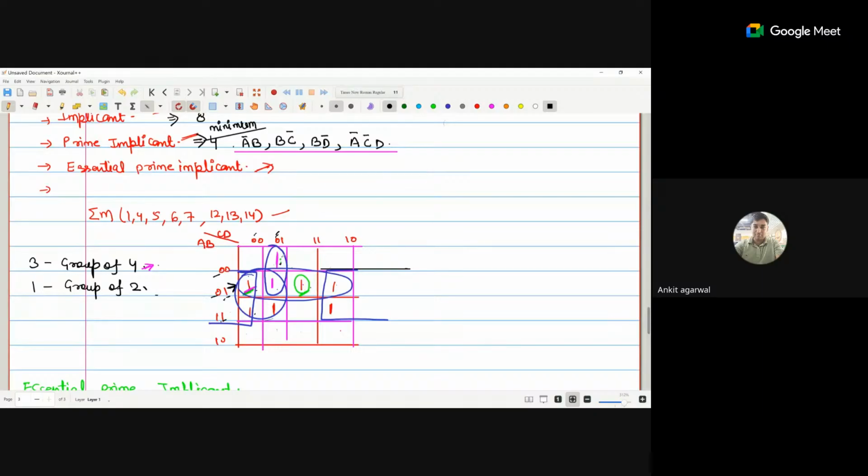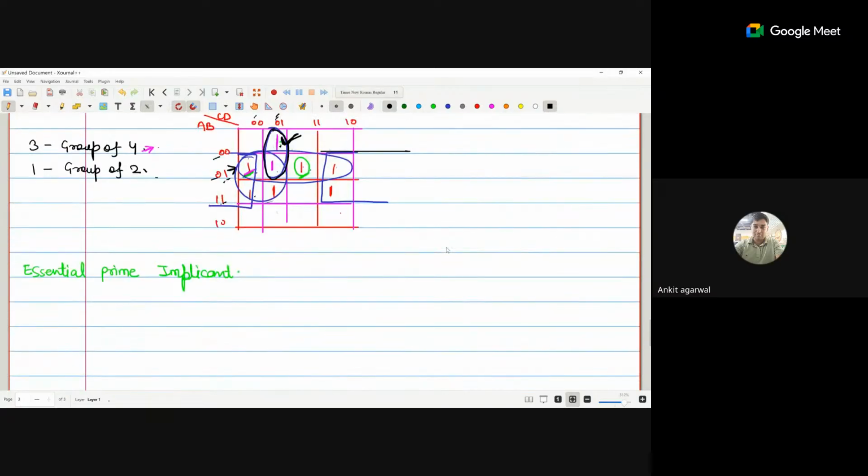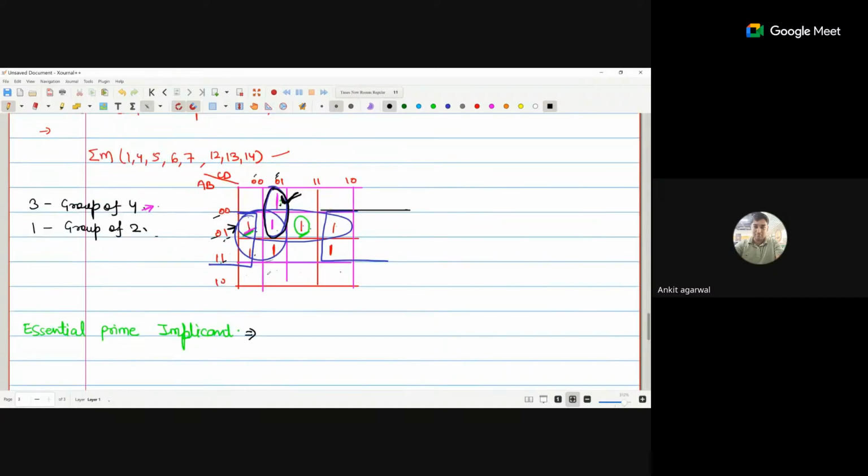Now in this group, one term is available that does not create any other group. So this term is the essential prime implicant.